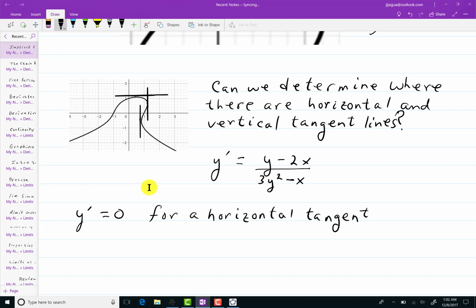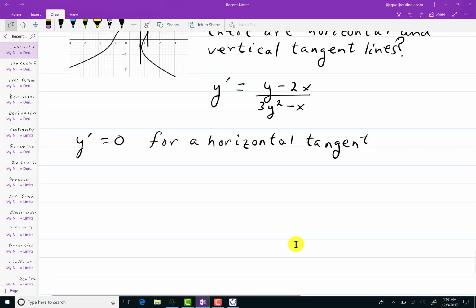So if I look there, if I had to guess, it looks like x might be 1/2 and y might be 1. Is that true? To equal 0, we would have to have y minus 2x all over 3y squared minus x equal 0.